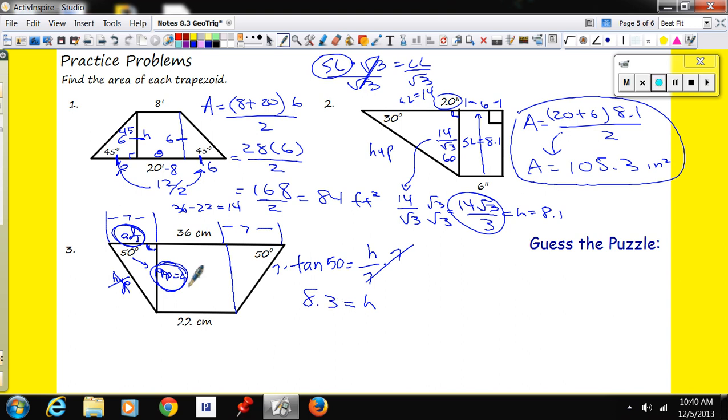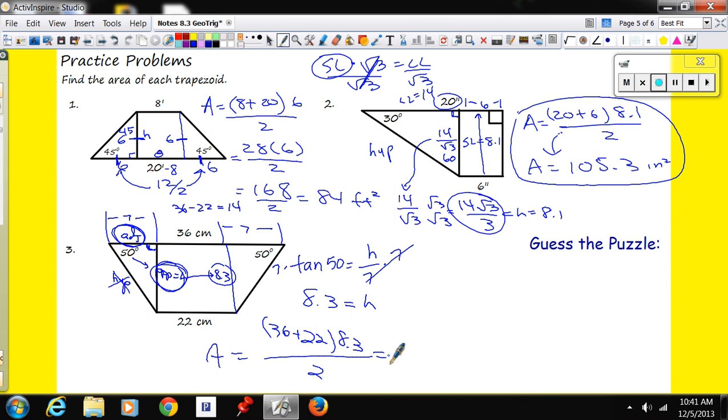So my height, 8.3 is my H. Now do we know how to find area? Do I have both bases? Do I have height? Yes, now I can find area. So base 36 plus base 22 times height of 8.3 divided by 2. That's my area. I plug all that into my calculator.